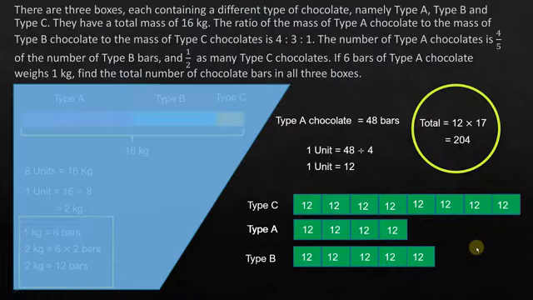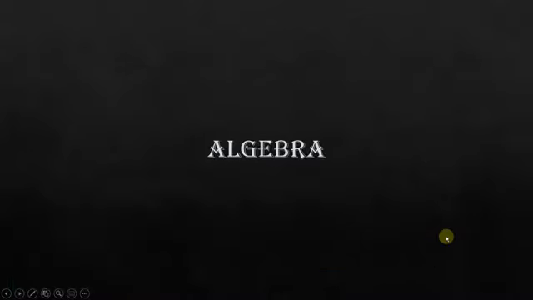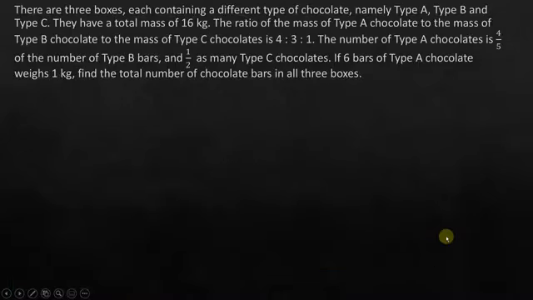So let's move on to solving the same problem using algebra. For the sake of those who just joined for algebra, who skipped the previous portion, I'm just going to read the question once again. There are 3 boxes, each containing a different type of chocolate, namely type A, type B, and type C. They have a total mass of 16 kilograms.